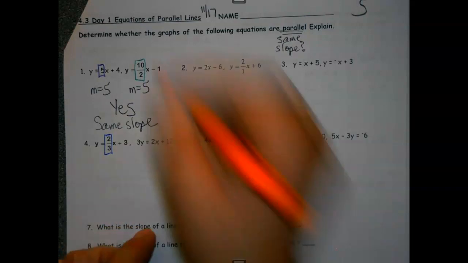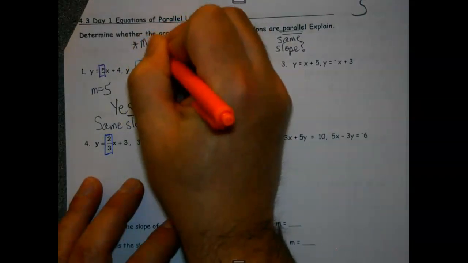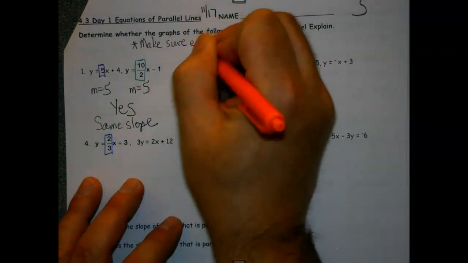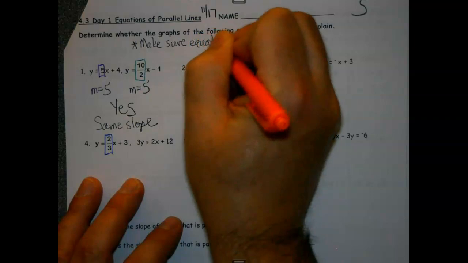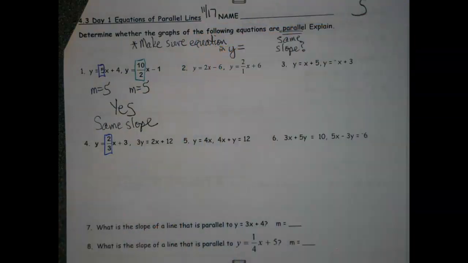So let's make a little note. We're going to make sure the equation is in y= form before we figure out the slope. Because if I just put a box around the number in front of x right now, I'd say it was 2, and I'm like, nope, these aren't the same.